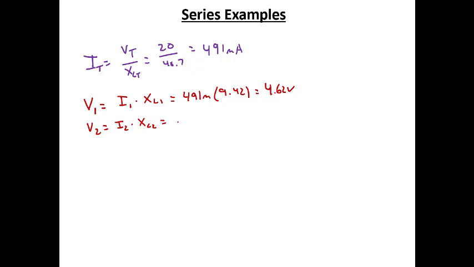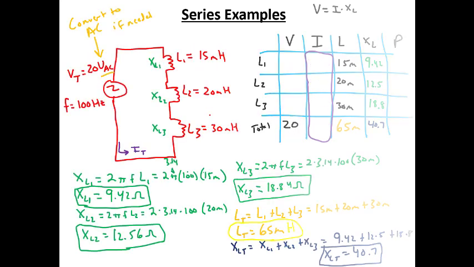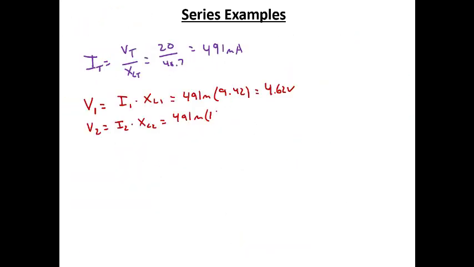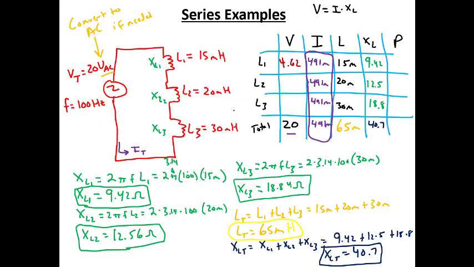So we would have 491 milli times 12.5, and for that one, I get 6.14 volts.